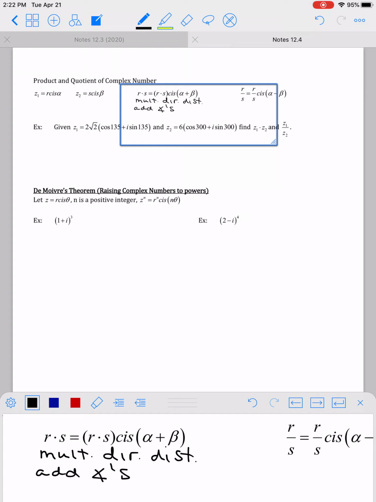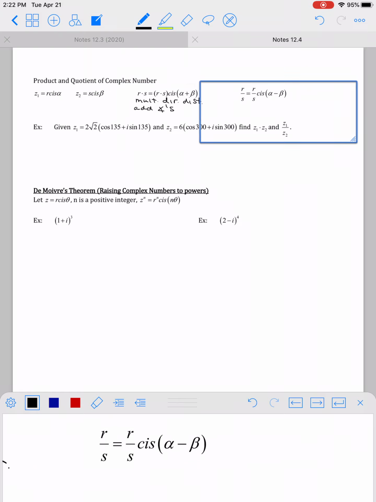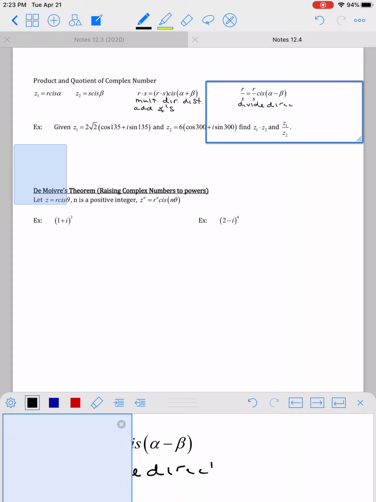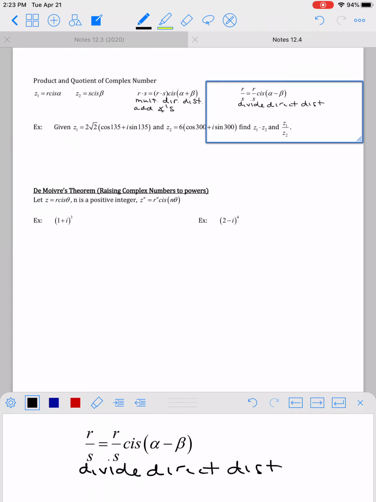And here you're going to divide the directed distances, and we're going to subtract the angles.